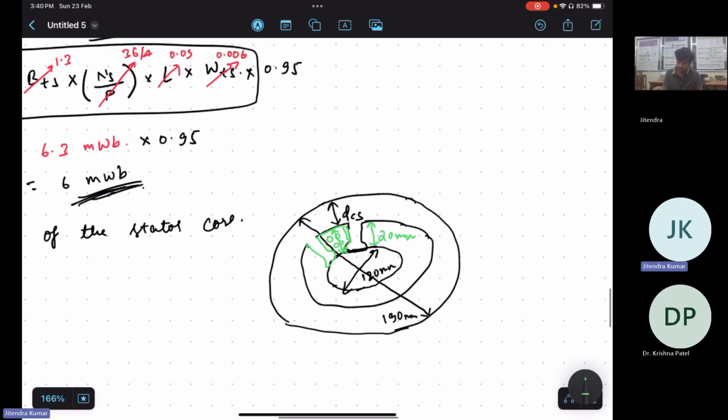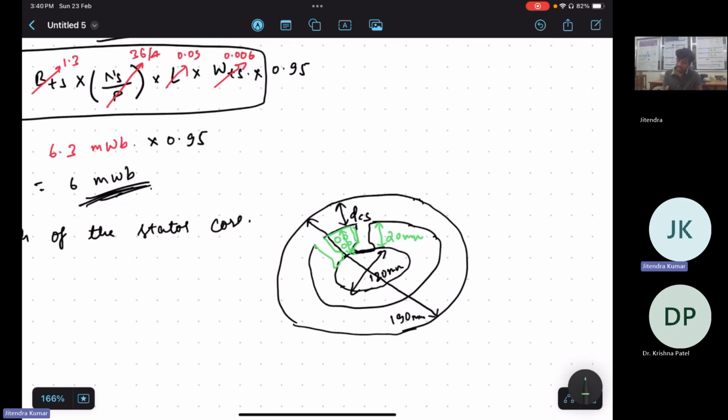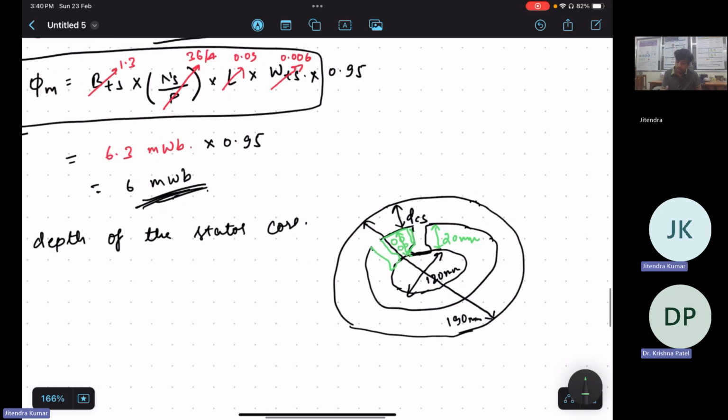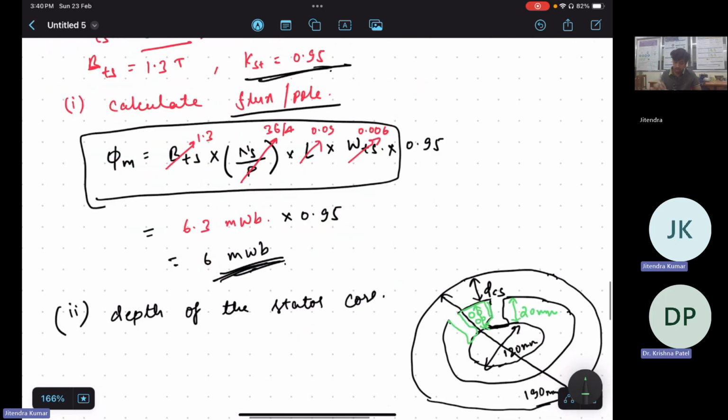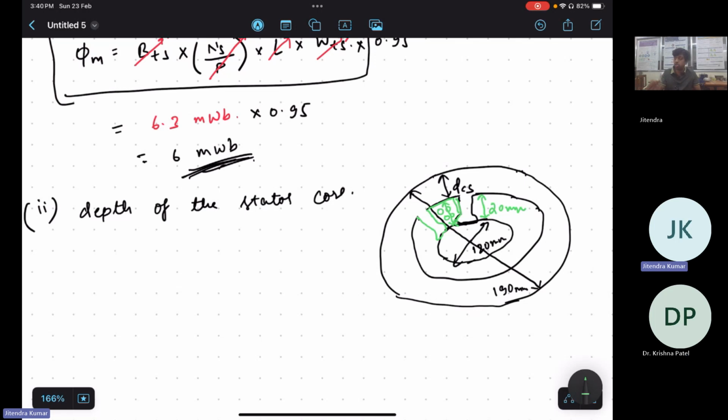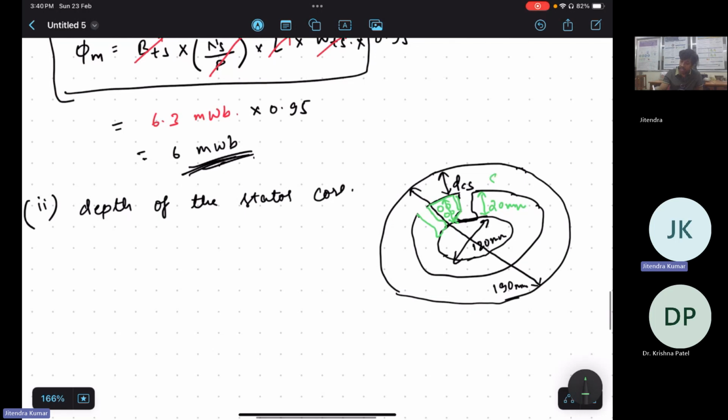That length is given as 20 mm. So now I think everything is sorted. We can calculate the depth of the stator core, or you can also say length of the back iron or back iron width, stator yoke, all the same.